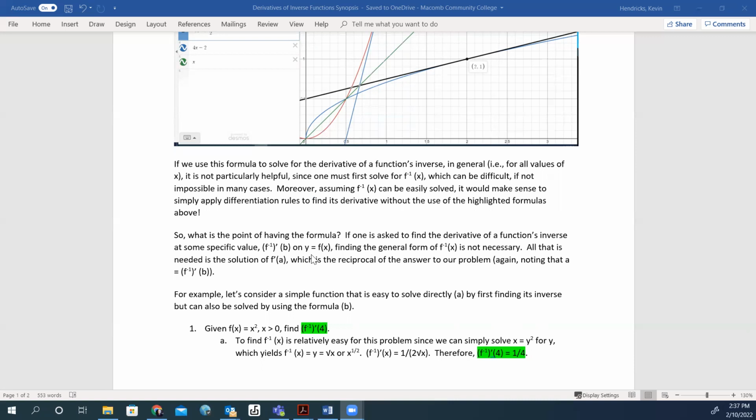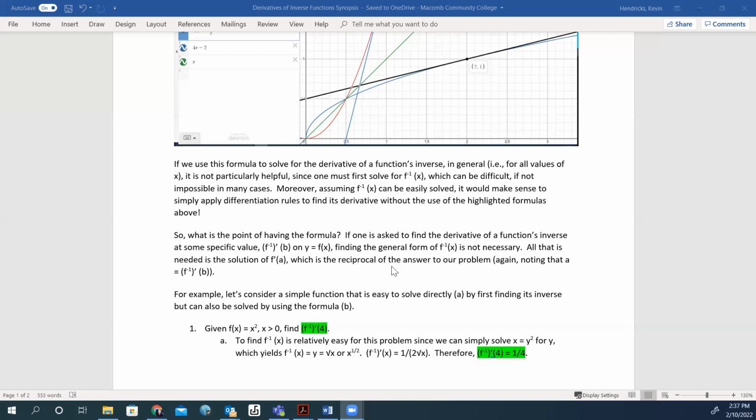It's not necessary to find f inverse of x, as long as we know that there should be an inverse of a function at some given point, and I can identify the derivative of the original function at a given point. I basically have to take the reciprocal, and that will give me the derivative of the inverse function at that given point.